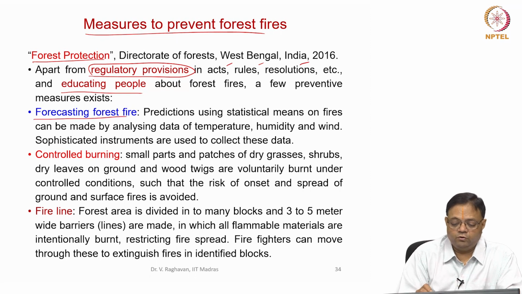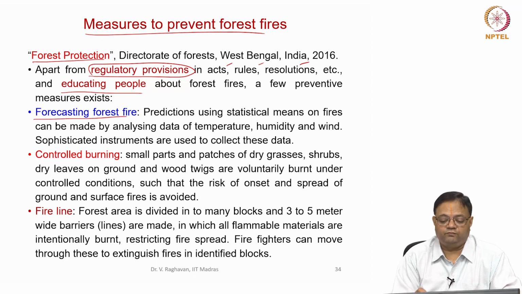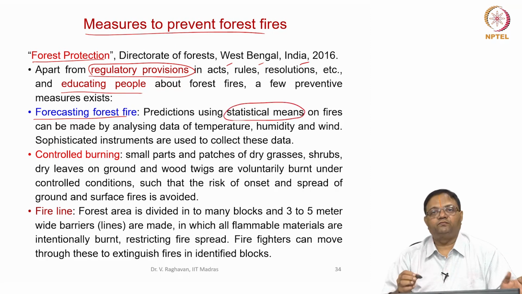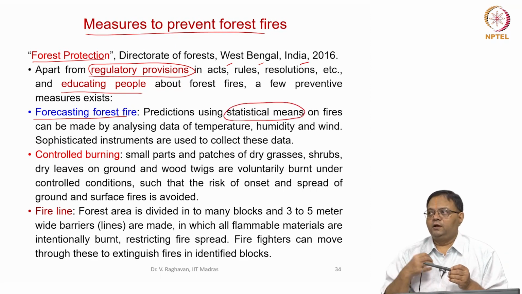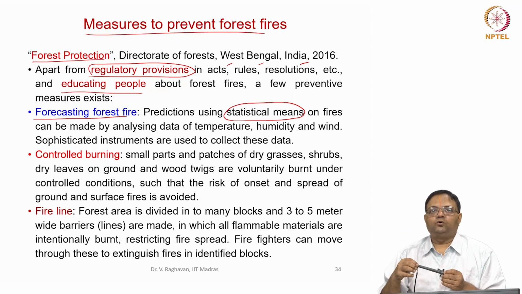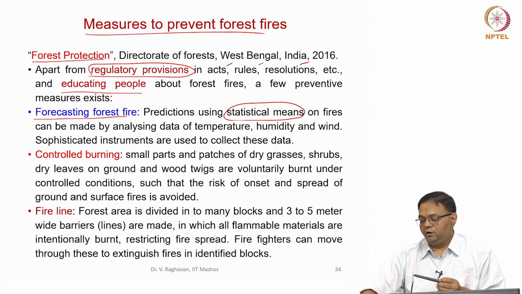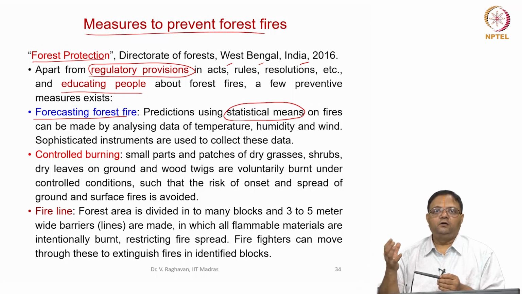First of all, is there any way to forecast the forest fire? Predictions using statistical means. See, forest fire may be seasonal. In some season, it will occur. So, is there any way to statistically analyze that? Based upon the temperature, wind direction, humidity, etc., the forest fire can occur.